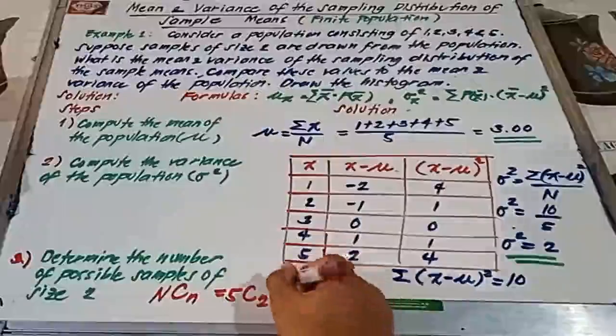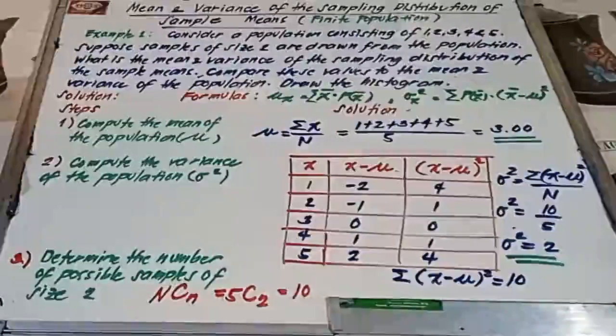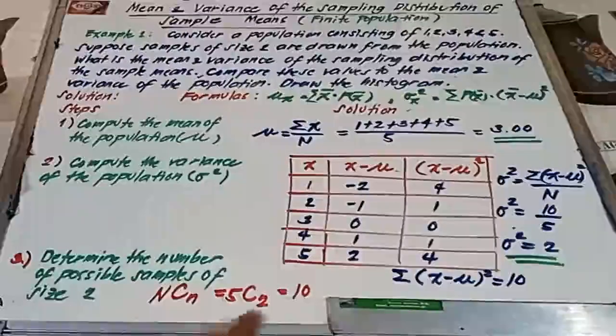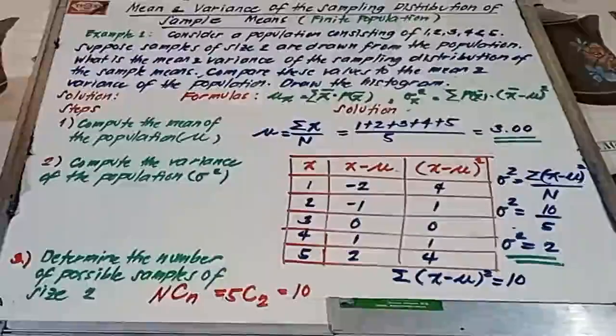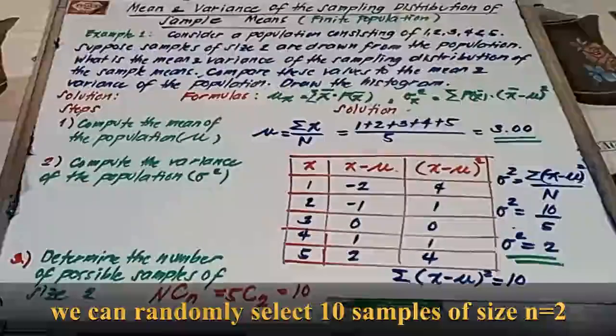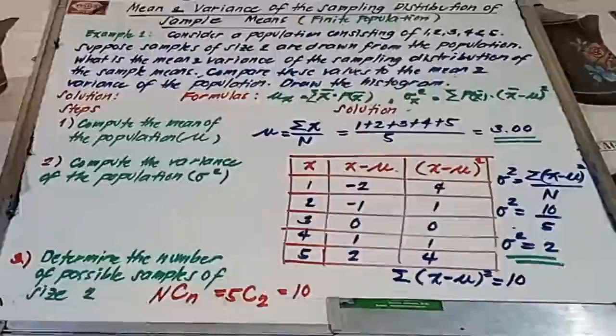So we can select, in 10 ways, na sample size of 2 from the population of size 5. Okay? So the next step is we're going to list all possible samples and their corresponding means, and then we're going to construct the sampling distribution of the sample means. Okay?